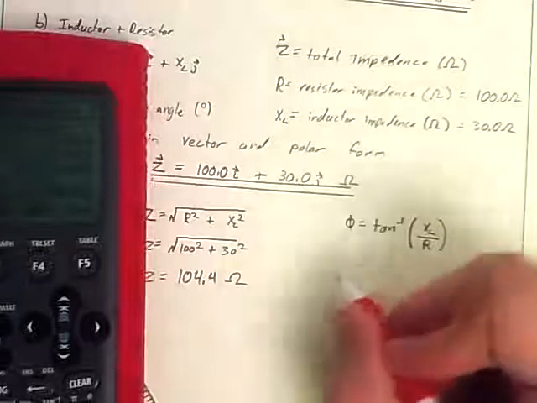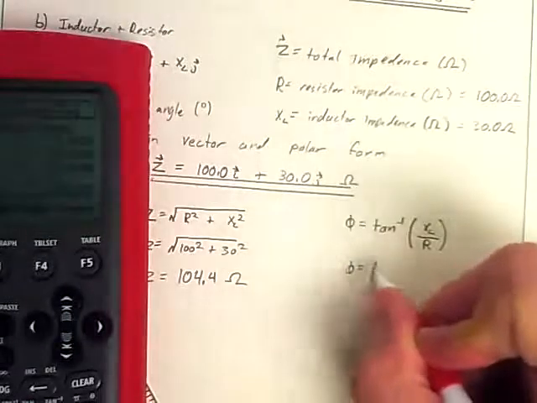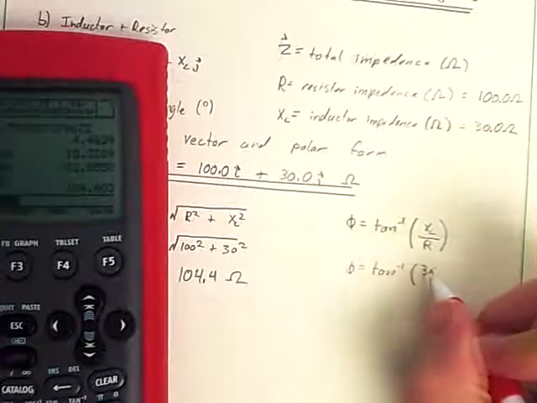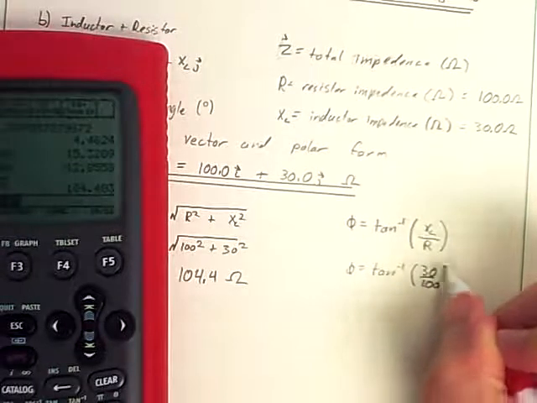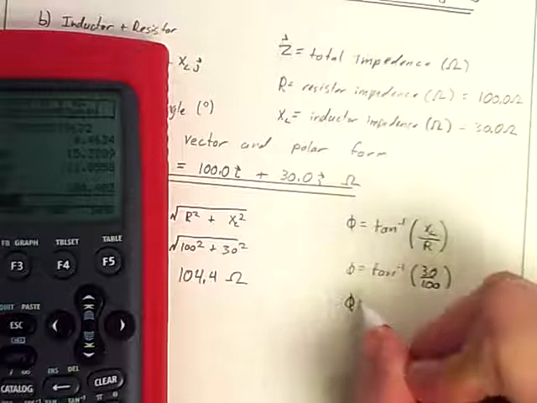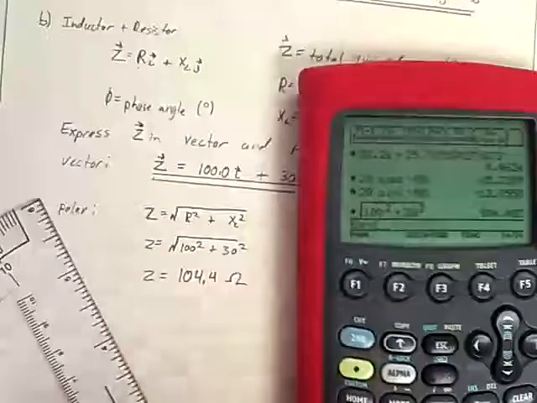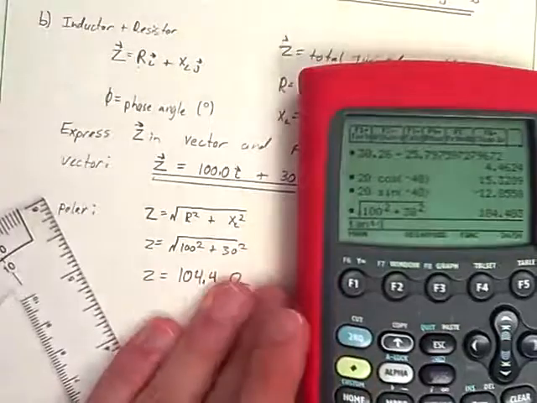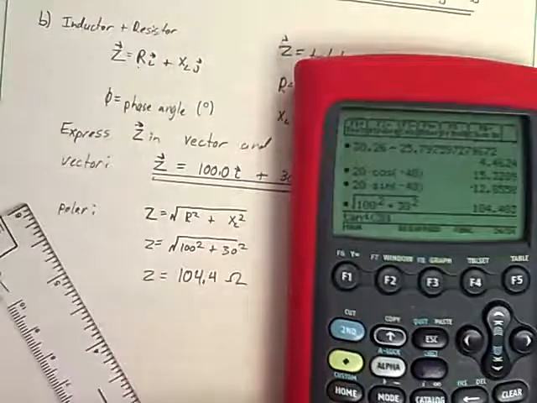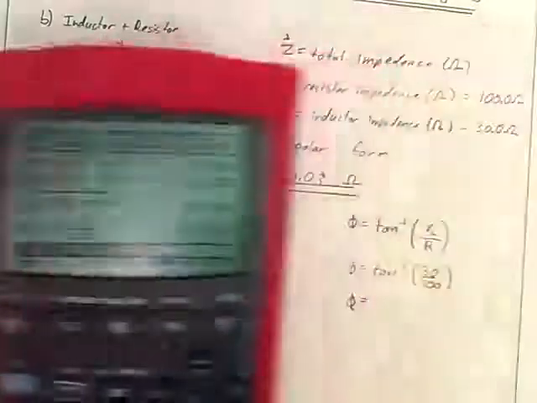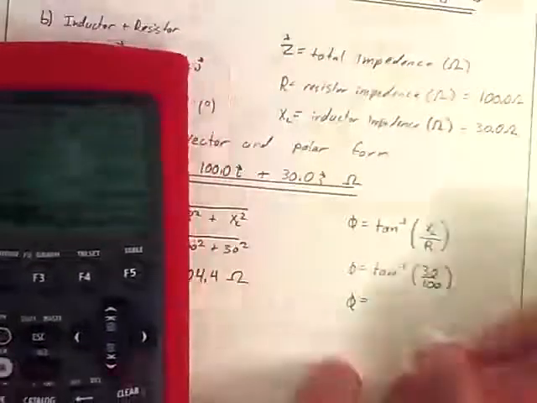And for phi, it's going to be tan inverse of the 30 divided by 100. So phi is going to be tan inverse 30 divided by 100. So I get that it's 16.7 degrees.